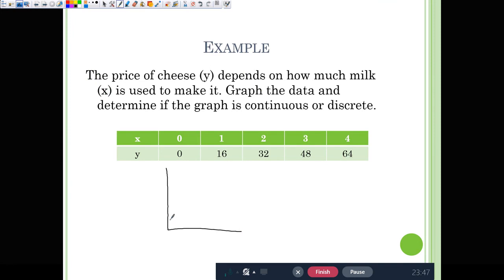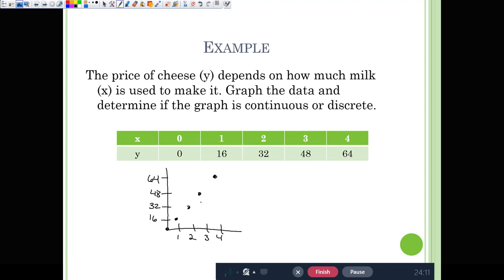I'm going to go up by 16s here. Plot my points: 1, 16; 2, 32; 3, 48; and 4, 64.